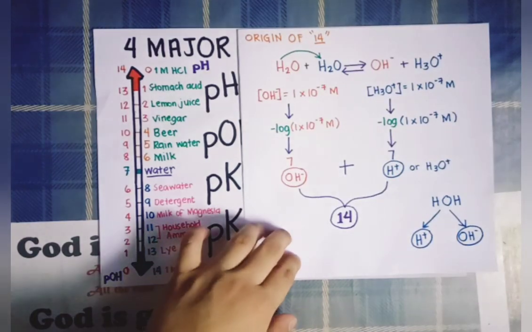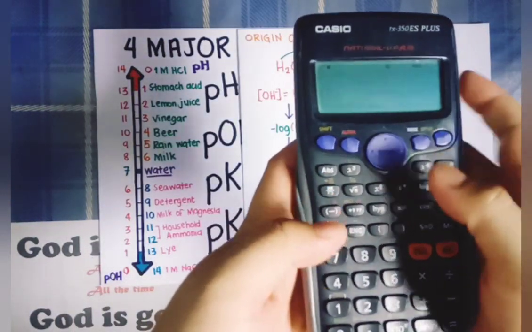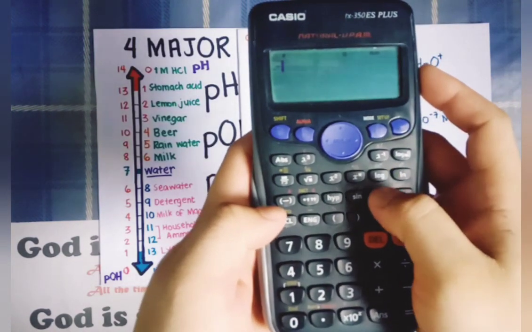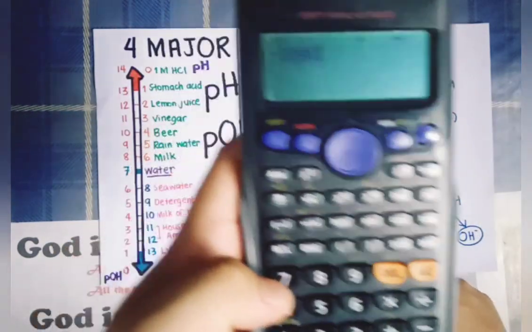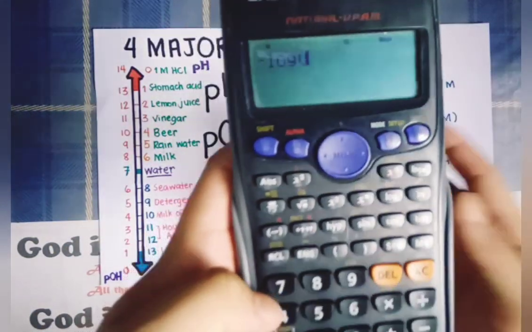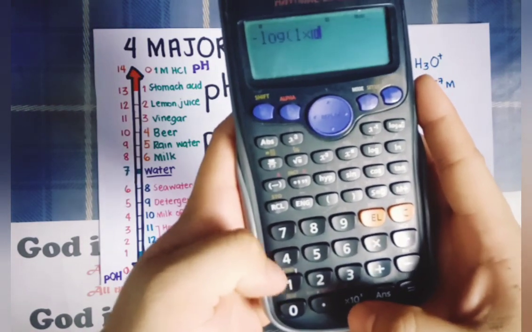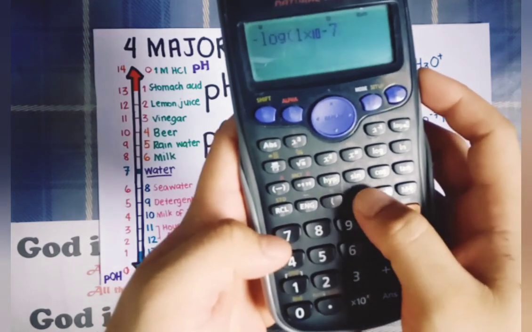Let me show you on the calculator. Okay, so this is our calculator. Okay, so negative log of 1 times 10 raised to negative 7, parentheses.